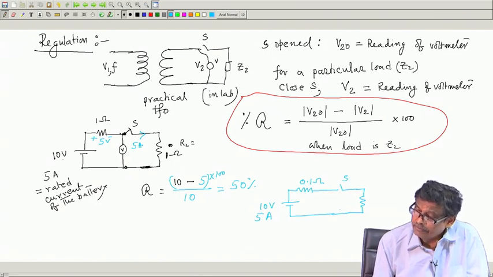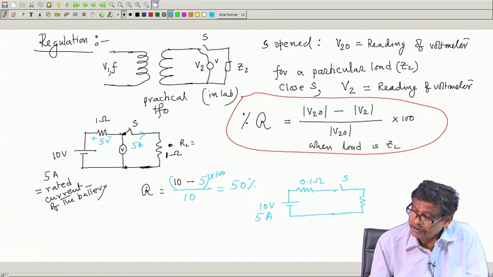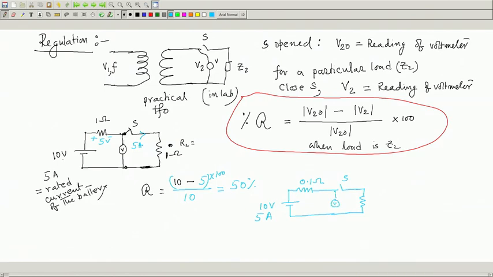Then what will be the voltmeter reading here? With S open, same 10 volt, with S closed, and here how much resistance should I connect, so that it will be 1.9 ohm. If you connect, you close it.